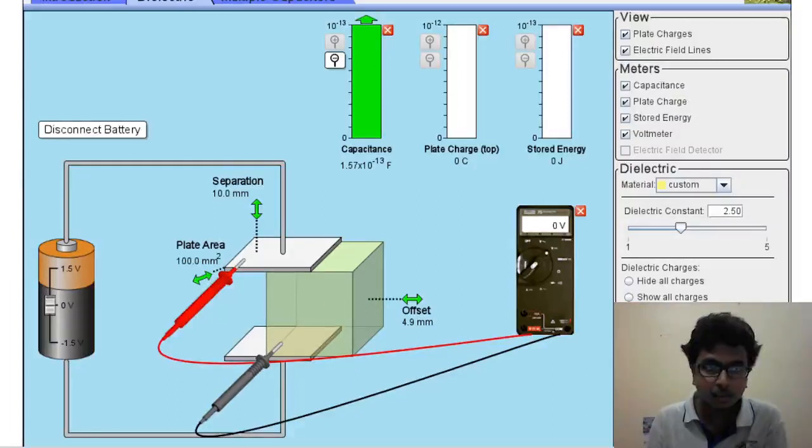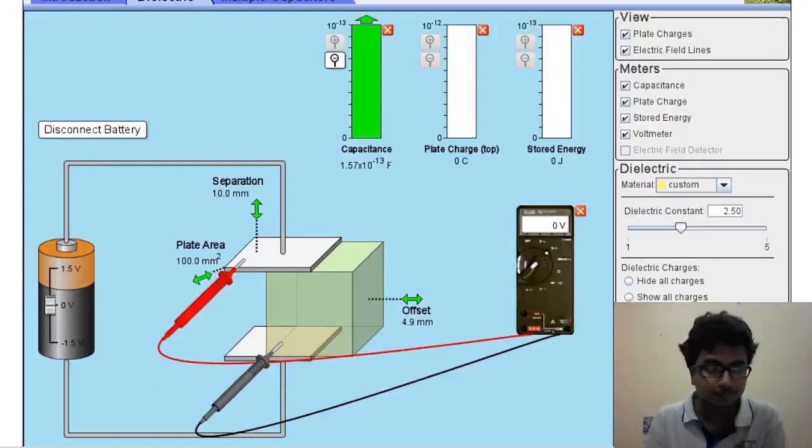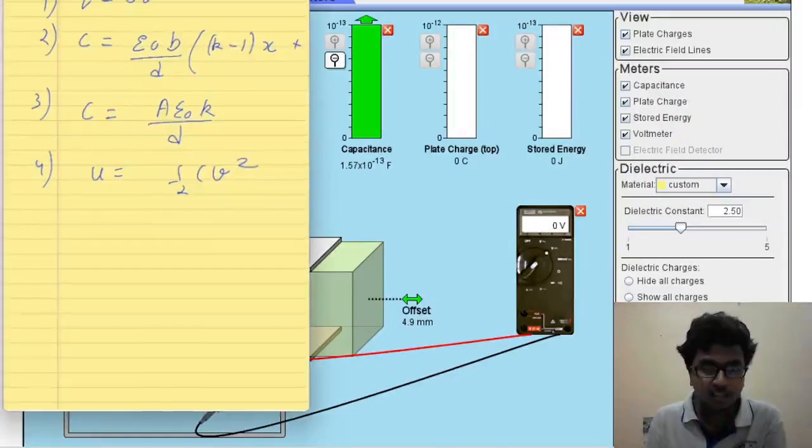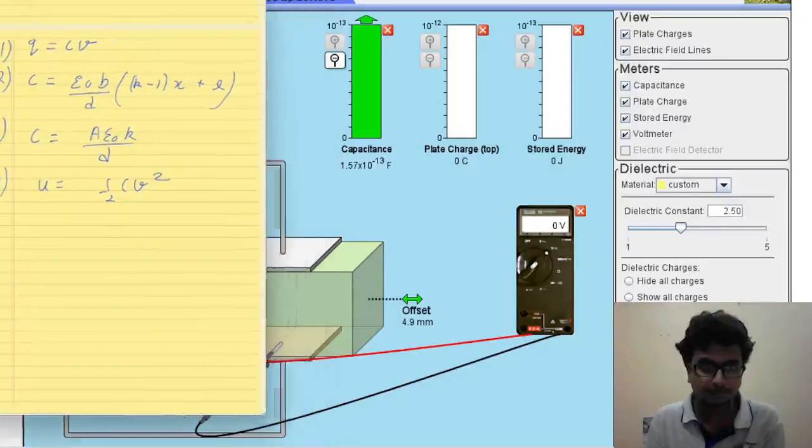We have seen earlier in theory that capacitance is given as epsilon b by d times (k minus 1) x plus L. So you can see capacitance will increase when x increases. There is a linear relation between capacitance and x, which is the distance up to which it is inserted.